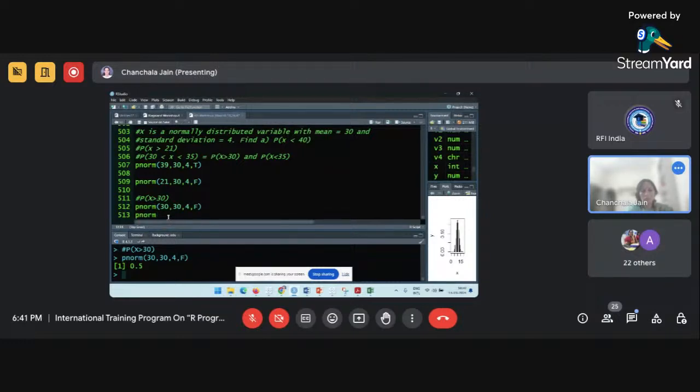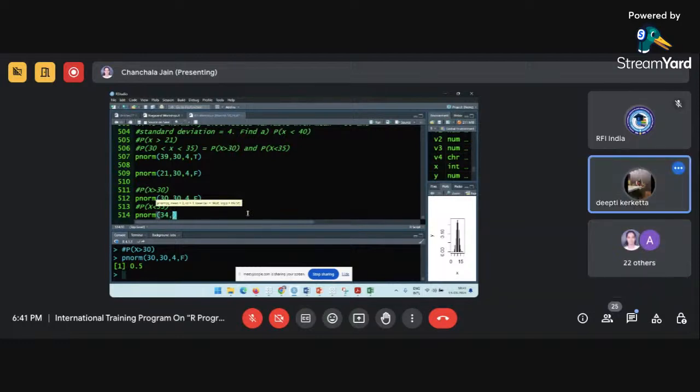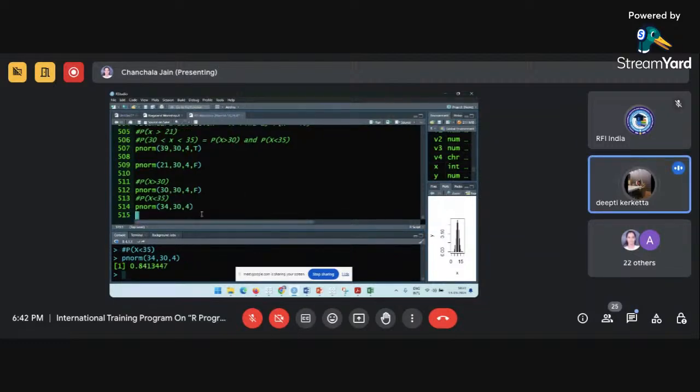Now pnorm. I think we need to write the probability of x less than 35. So pnorm 34, 30, 4, then true, I guess. No, true would go to the other side, I suppose.